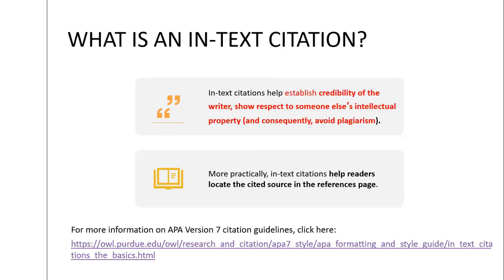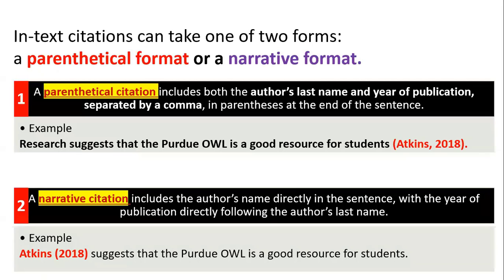But in short, a citation is nothing more than information put in a sentence that shows that this idea, this concept, this sentence originated from someone else. Now, in its most basic, simplest form, there are two types of citations.